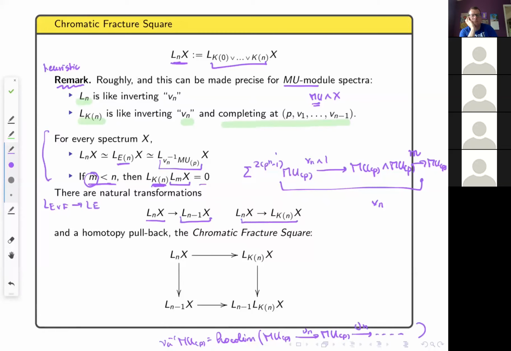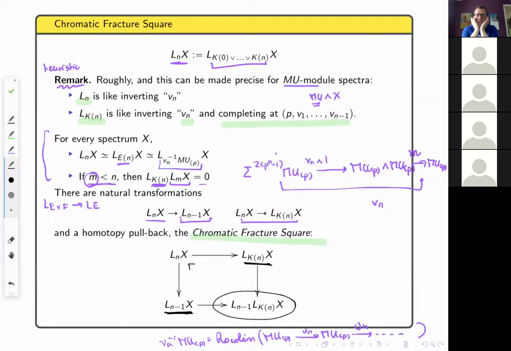And similarly, you get a map like so. Now these maps fit into a homotopy pullback, which is called the chromatic fracture square. And it just says that Ln of X is the pullback of the Ln minus 1 localization and the Kn localization, and you glue along Ln minus 1 of LKn.